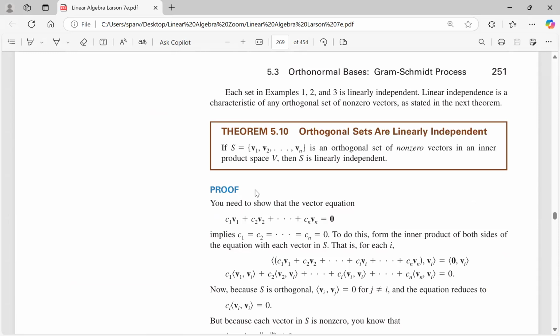But suppose we have a set of vectors. This is now a set whose vectors are mutually orthogonal, and each of those v's have magnitude 1. So suppose we have an orthonormal set in this inner product space V, then if that's the case, then set S is linearly independent.